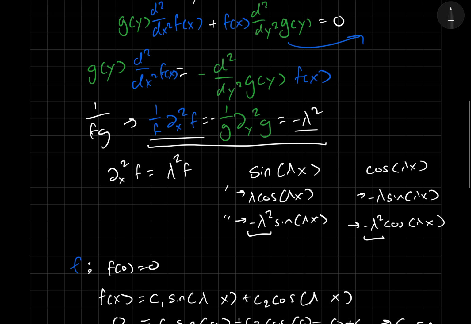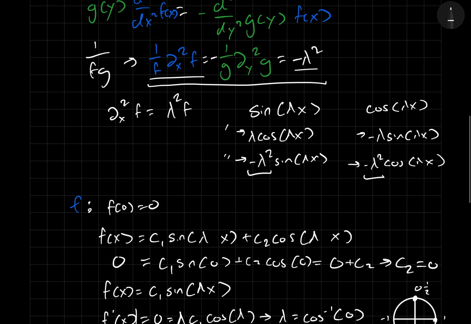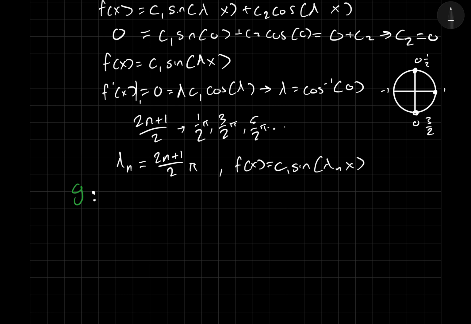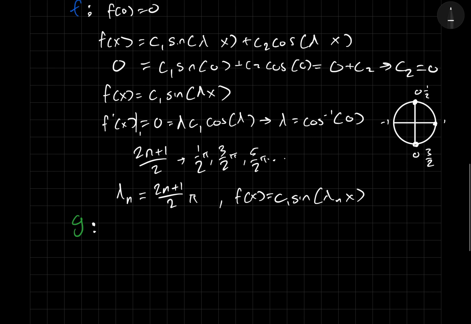So as you see from here, the sign for the eigenvalue is going to be the same once you multiply by G. And that's going to be important because then you don't use sine here. You have to use a function whose second derivative is equivalent to sine and cosine, but keeps the same sign instead of flipping signs every other time you take a second derivative. And what is that? Well, that's going to be the hyperbolic trig functions.